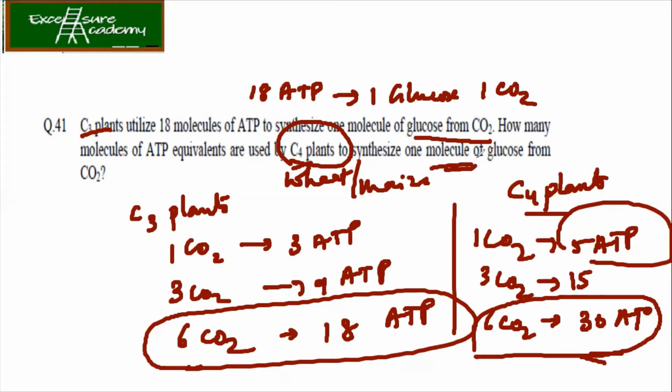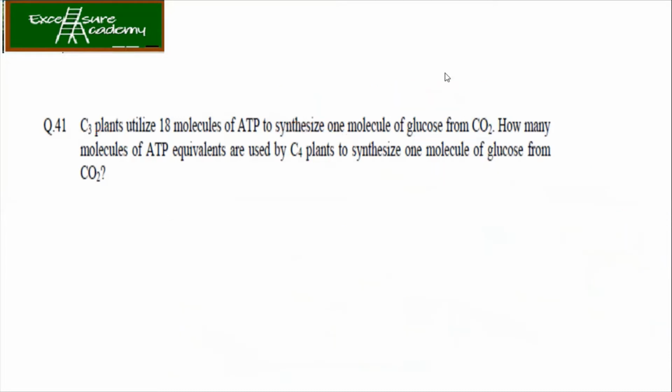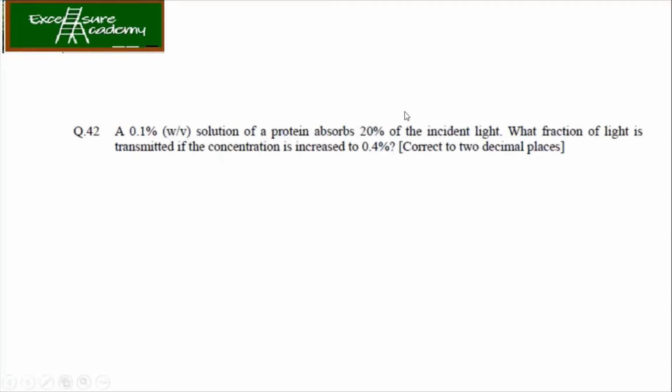Thus the C4 pathway consumes around 30 ATPs for the synthesis of one molecule of glucose, and the C3 pathway consumes around 18 ATP molecules. I hope this is clear. Along with this, please study the Calvin pathway as well as the C4 pathway. Moving on to the next question.